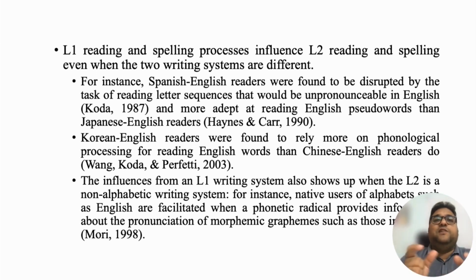So you can see these differences inhibiting these people from pronouncing words correctly in a different language. Similarly, Korean English readers were found to rely more on phonological processing for reading English words than Chinese English readers do, because Chinese English readers would follow a morphemic style because Chinese does so, and Korean English readers would follow a more phonological style because that's what Korean does.